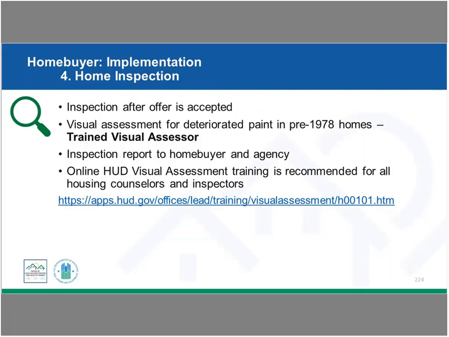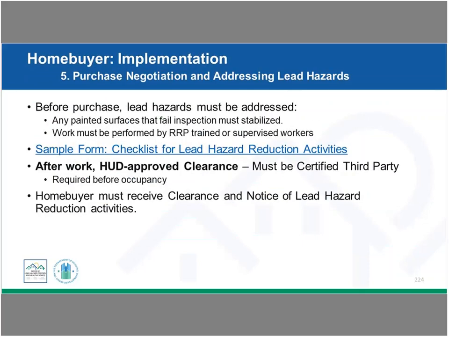Chris mentioned before the online training and the option to have staff trained. It's free. It's very doable for folks. So as we talked about, the outcome of that visual assessment is going to have an impact on the negotiation on the purchase of that property.